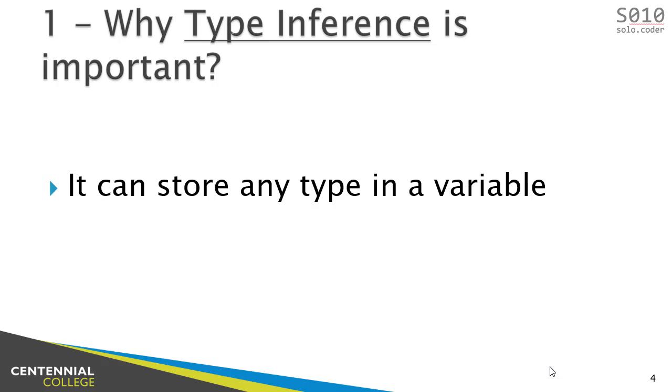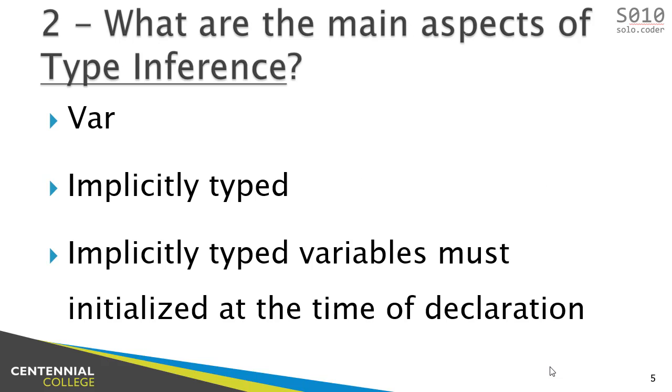So basically, we're going to talk about type inference, which is var. What is var? It is an implicitly typed variable keyword. So you don't need to specify int or float or double every time you're instantiating.